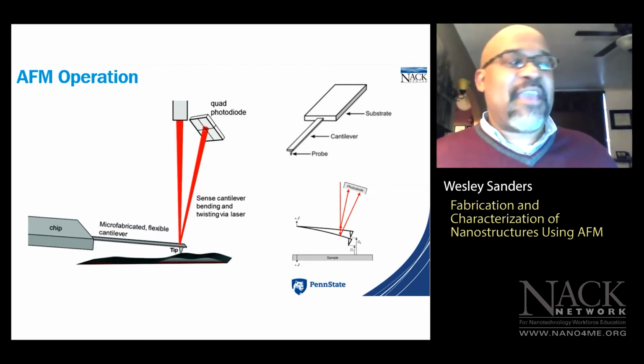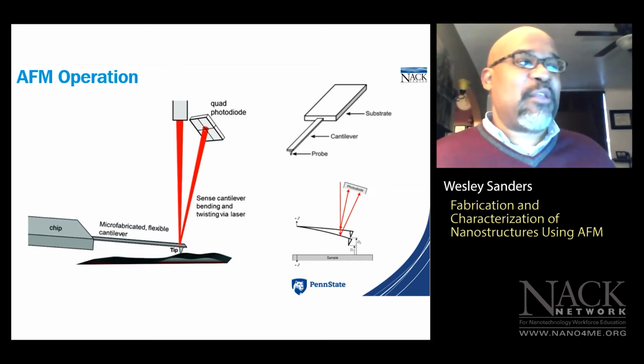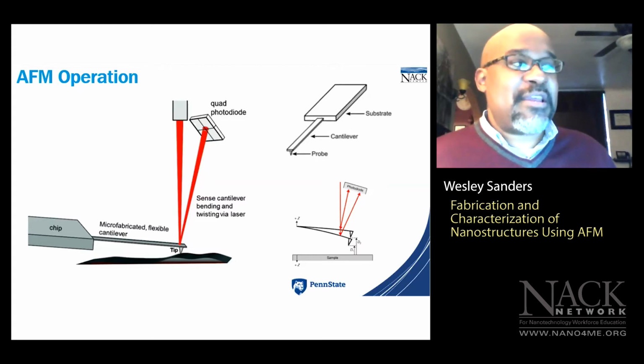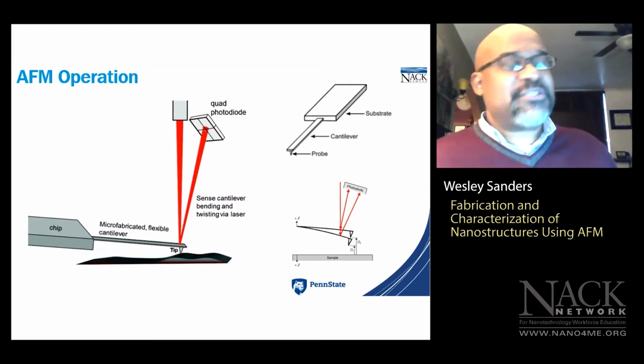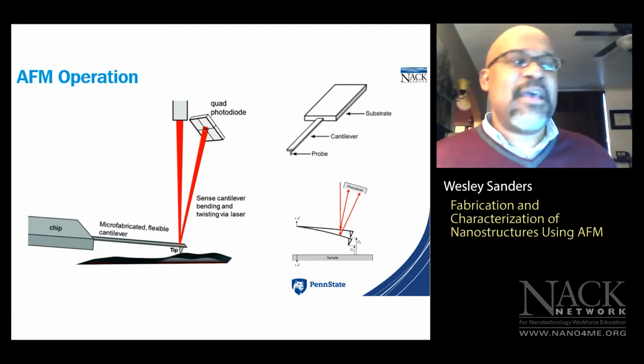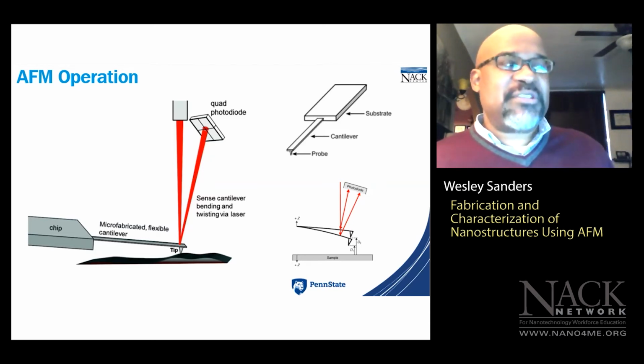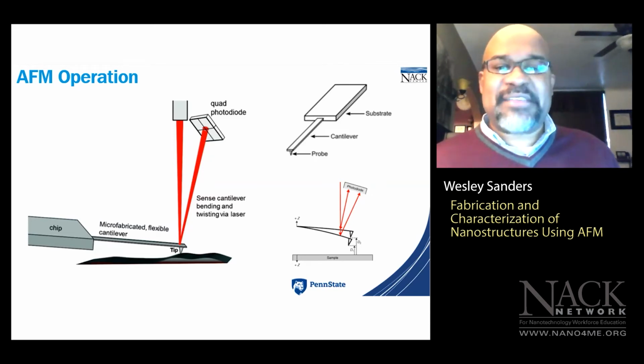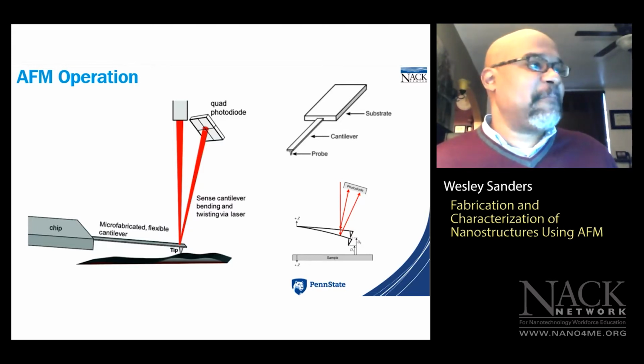And then we have a series of feedback loop electronics that's used to convert the analog signal from the photodetector to a digital signal that the computer can then use to map your surface topography. Now, we'll mention the feedback loop a little later because that has direct relevance to one of the specialized imaging techniques we want to talk about a little bit later.